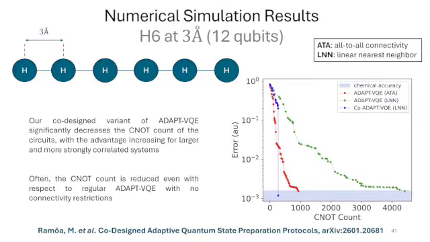So not only does the co-design process improve the CNOT count roughly 10 times with respect to the original transpiled circuits, it even reduces the CNOT count with respect to the original ADAPT-VQE without any connectivity restrictions. So this is an example of the importance of co-designing the state preparation circuits, taking into account the target hardware.